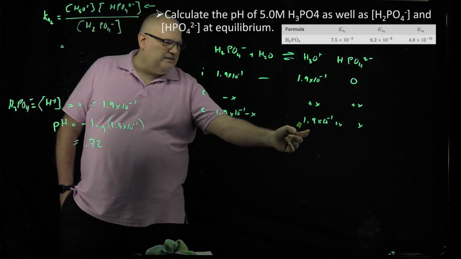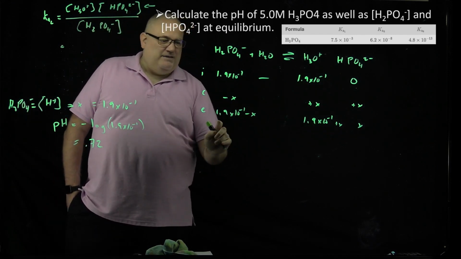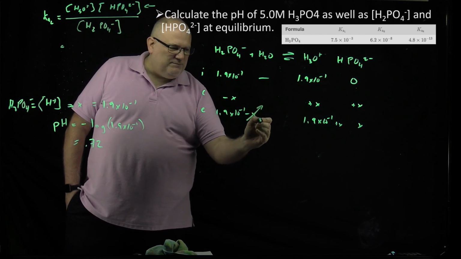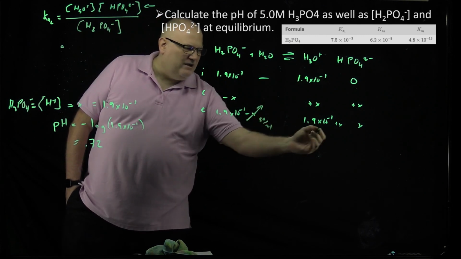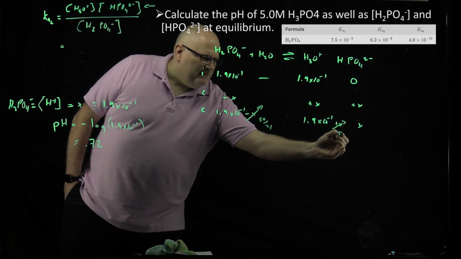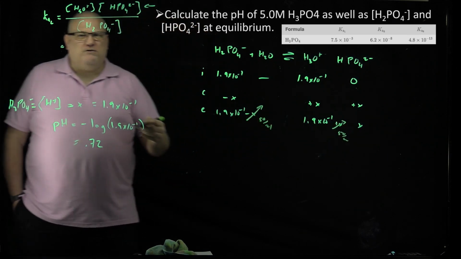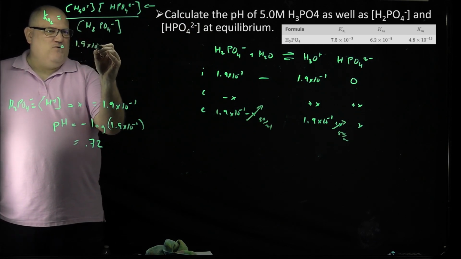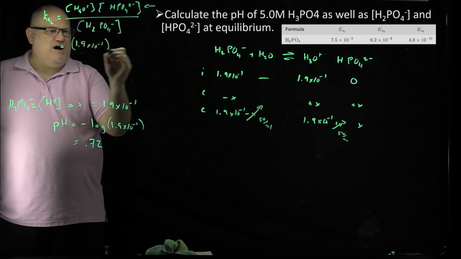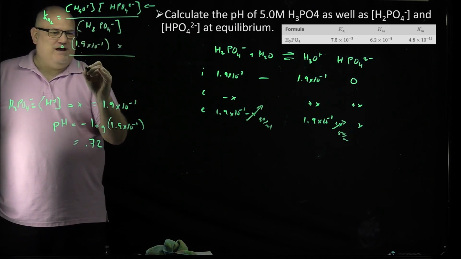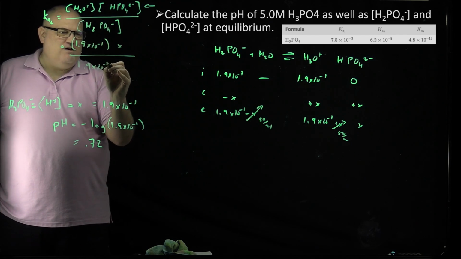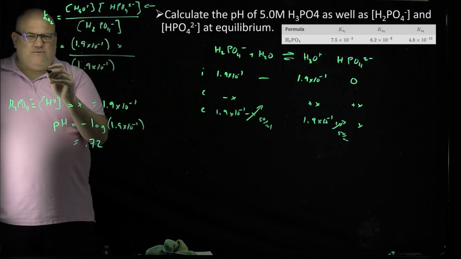Now, I don't want to spoil this for you, but do you see how the H3O plus here is 1.9 times 10 to the negative 1 plus x, and this is 1.9 times 10 to the negative 1 minus x? But in both these cases, I'm going to do the 5% rule over here just so you can see how easy this is to do. I can get rid of both of those, and doesn't that mean, therefore, that the 1.9 times 10 to the negative 1 for the H plus on top, and the 1.9 times 10 to the negative 1 on the bottom, they're going to be equal to our new Ka.